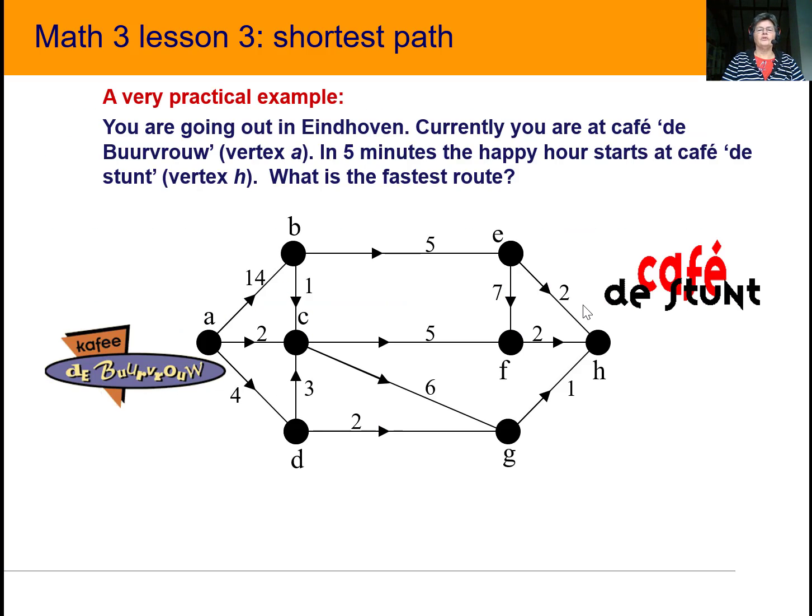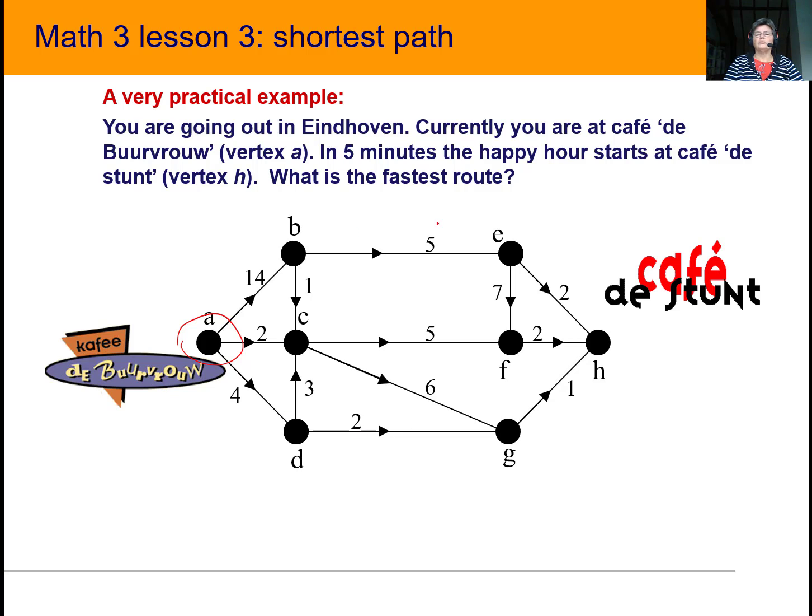Okay, let's start with a very practical example. You are in Eindhoven, and you want to go out in Eindhoven and you're at this cafe, de Buurvrouw, in nice Dutch. And then you hear from students that in another cafe there will be a happy hour, so you want to rush there.